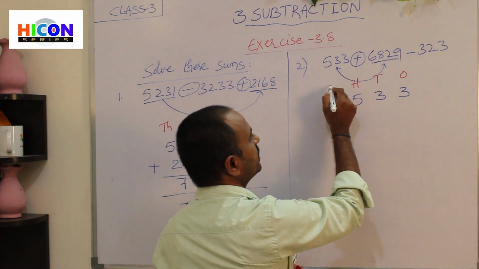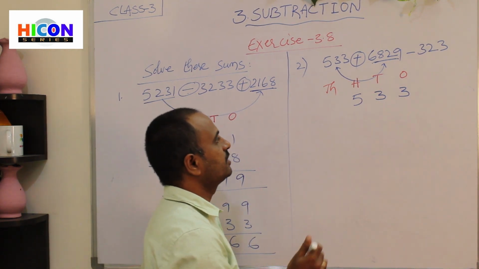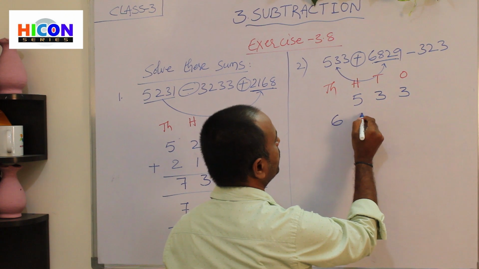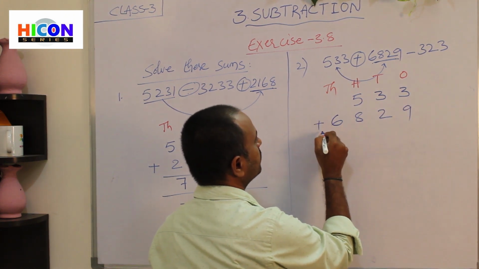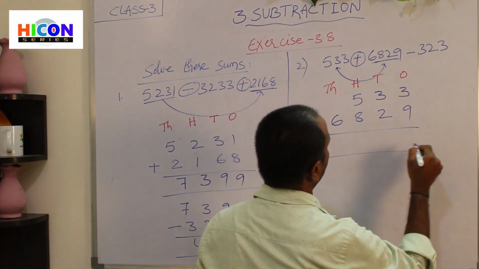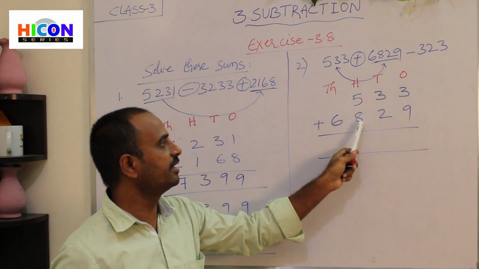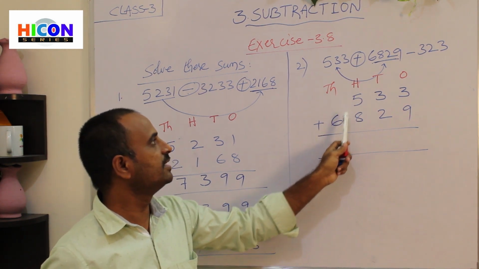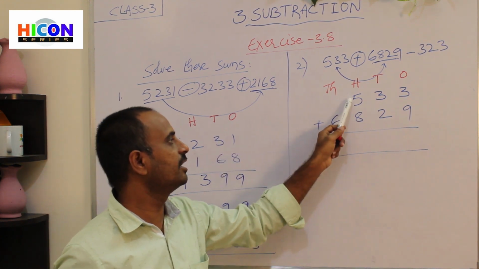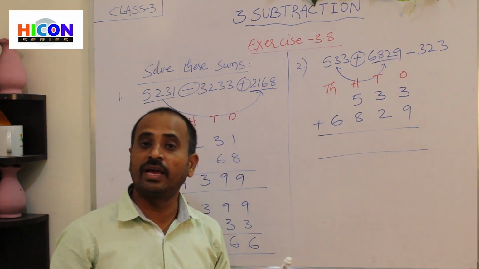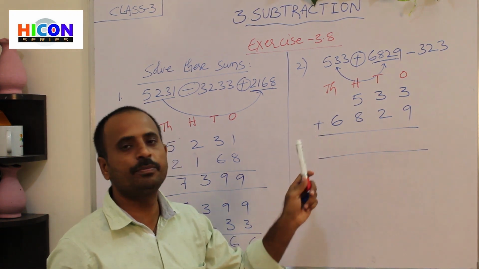Here 6 is in thousands place, so write 6 under thousands place. Start this number here, 6,829. So children, don't write 6 under hundreds place, because 6 is in thousands place. While writing the numbers one below the other, we have to arrange the digits at their corresponding places. We should not change their places.